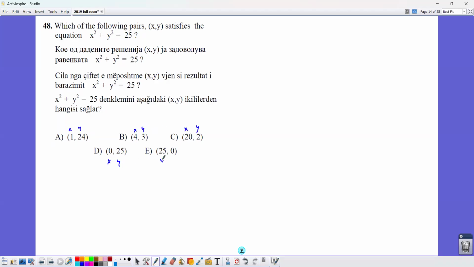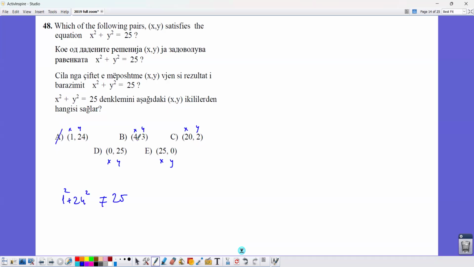When you check the answers, directly you can see which one is the correct answer, because 1 square plus 24 square won't give you 25, because 24 square is 576, if I'm not wrong, plus 1, it will be 577. So this one cannot be.